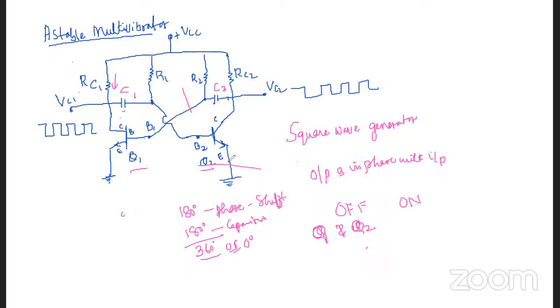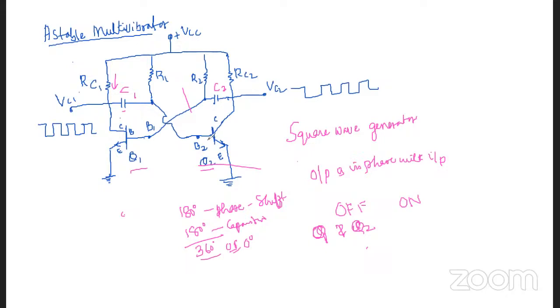Next, the collector current in Q1 rises to the saturation value, whereas the current flowing through the transistor Q2 is equal to ICEO. So in the time determined by the circuit components, the capacitor C1 will be fully charged and then discharges into the base of the transistor Q2.